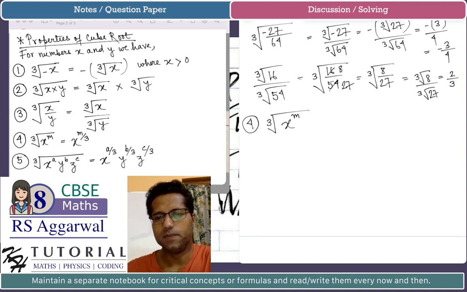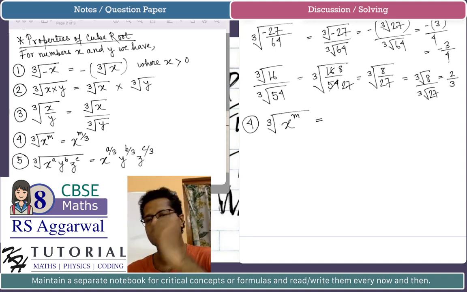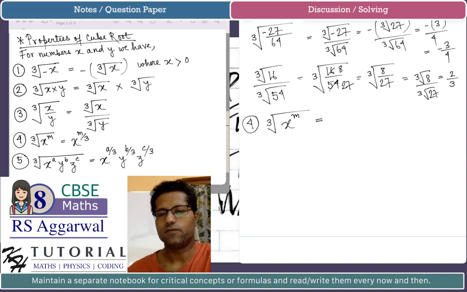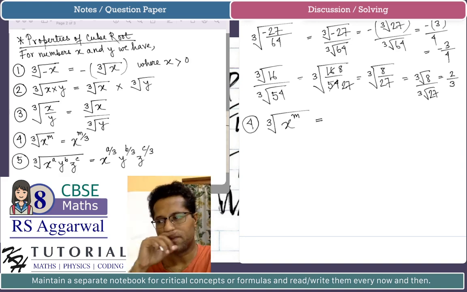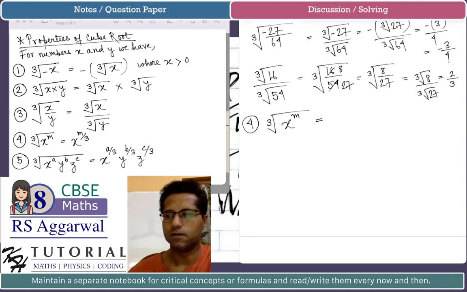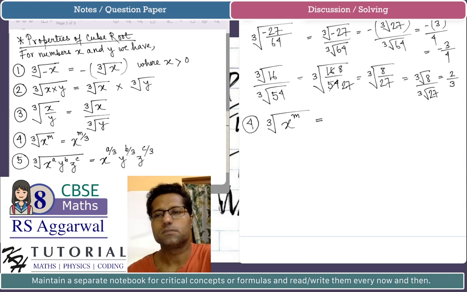Its cube root will be, let's say x is a positive number. If you are asked to find the cube root of some exponential term where the base is a positive number and the power is some integer, this will be x to the power, the base remains the same, but the power gets divided by 3.